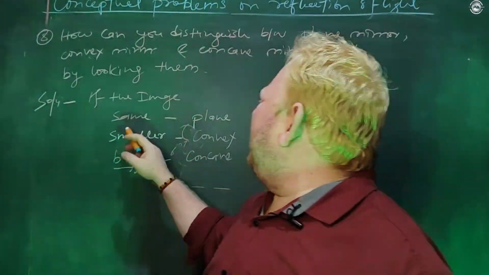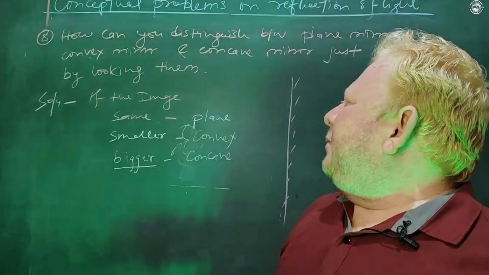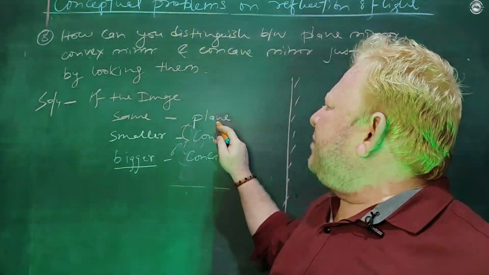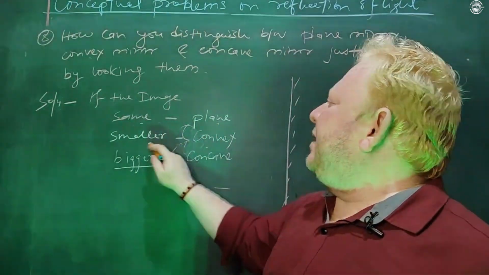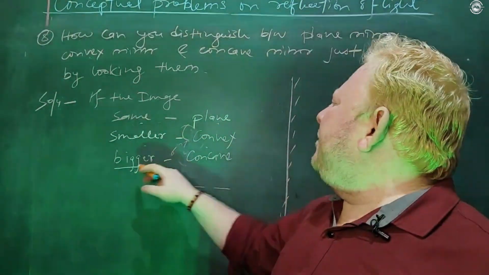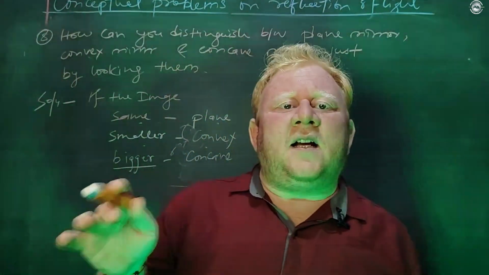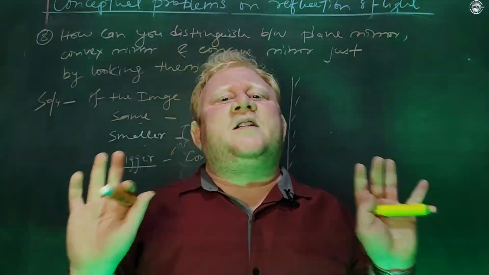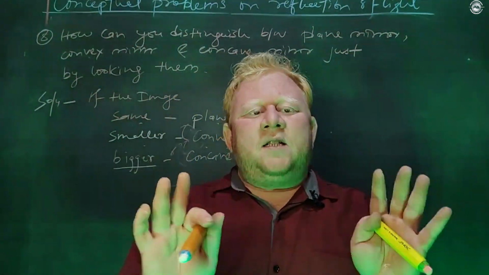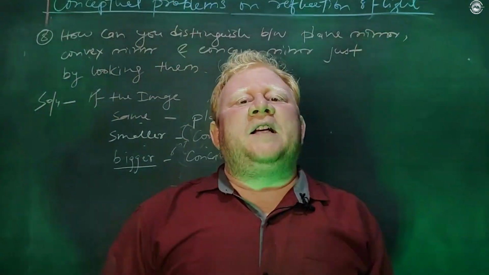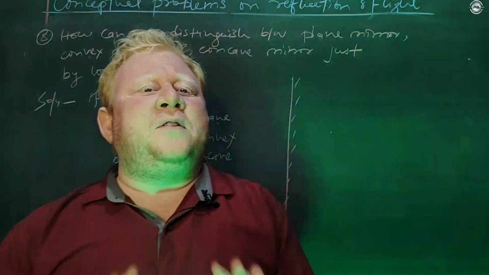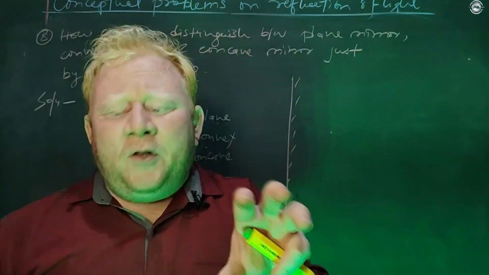Clear? And this plane mirror, same size, convex mirror is smaller and concave mirror bigger. So this is how you can understand whether the given mirror is plane, concave or convex without touching them. You just place yourself in front of the mirror and you observe your image.